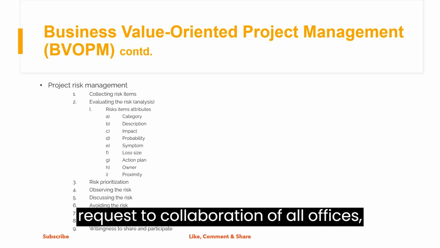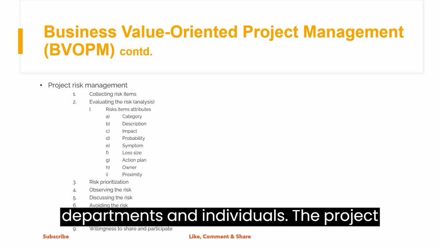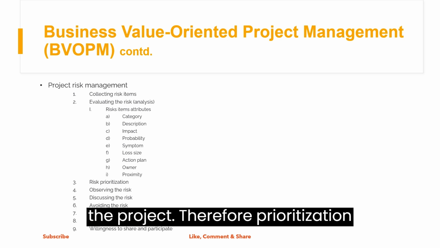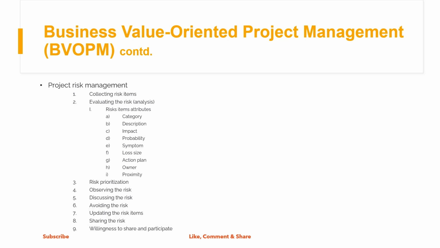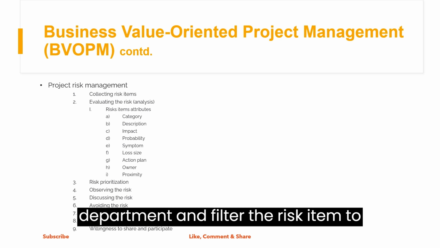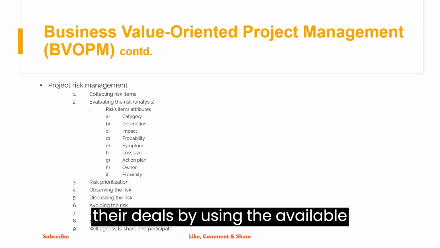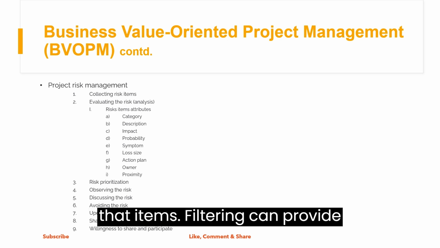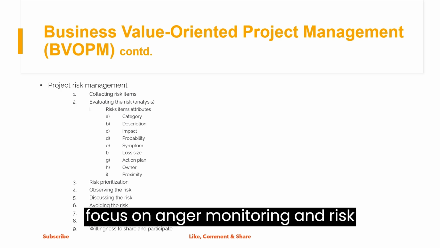Project risk management requires the collaboration of all offices, departments, and individuals. The project risk is dynamic at different stages of the project. Therefore, prioritization should also be dynamic. Each office or department can filter the risk items to their needs by using the available categories, owners, and attributes of the items. Filtering can provide focus and easier monitoring and risk management.